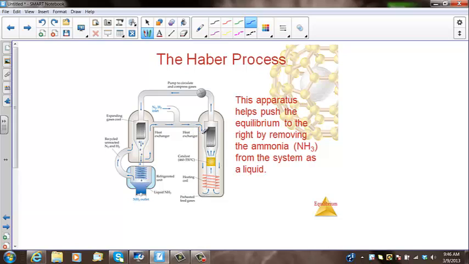Here's a catalyst, and this pump works to circulate and compress the gases. As the NH3 is produced, the recycled and unused N2 and H2 are recirculated through here and go back in and get mixed in with the heated gases, and the process continues.